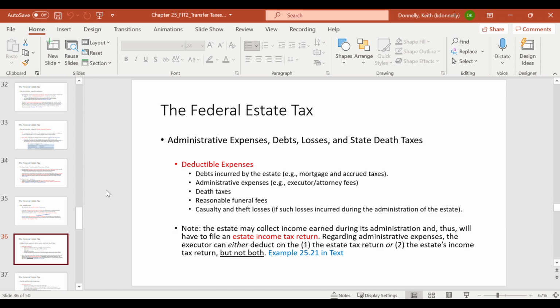And the estate may collect income during its administration and thus will have to file an estate income tax return. Regarding the administrative expenses, the executor can either deduct on the estate tax return or the estate's income tax return, but not both.